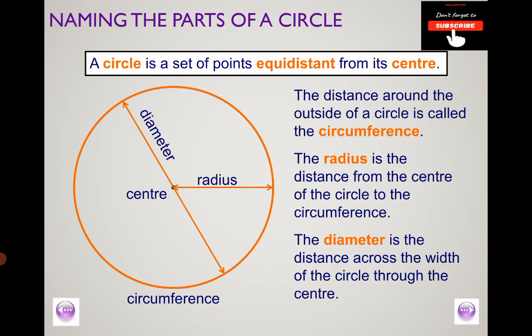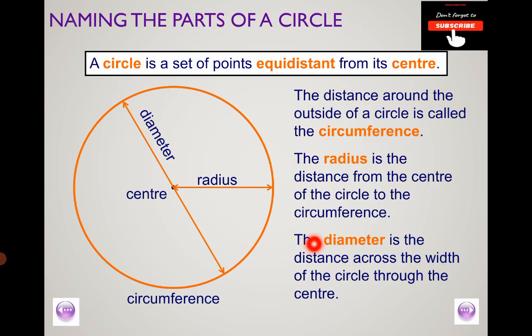And what is notable about this is that, all right, you can see that the diameter is just twice the radius. So this is a radius, this is another radius. So when you add these two radii, it will form a diameter.